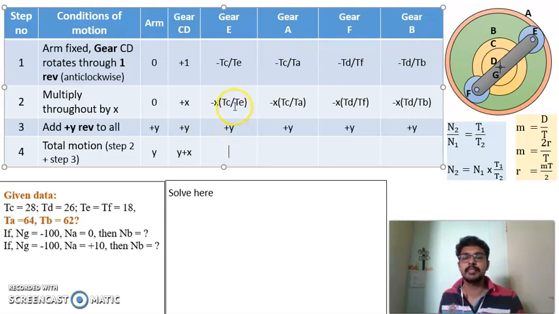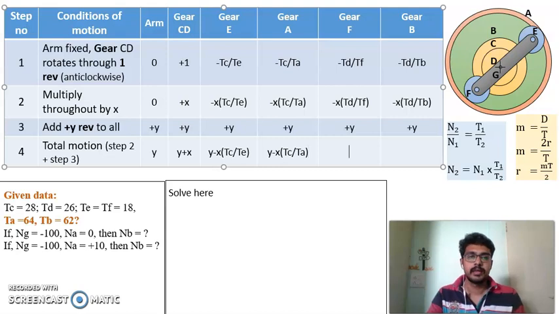Here adding the cells in step 2 and step 3, so this will be y minus x into Tc by Te. Here this will be y minus x into Tc by Ta. For gear F, it will be y minus x into Td by Tf, and for gear B, it will be y minus x into Td by Tb.